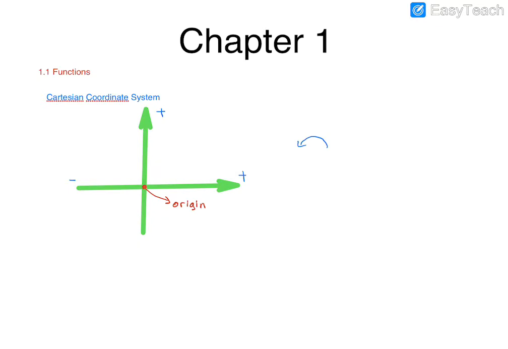When x and y are positive, this is the first quadrant. In the counterclockwise direction, this part is the second quadrant, this is the third quadrant, this is the fourth quadrant. So we numbered in the counterclockwise direction.